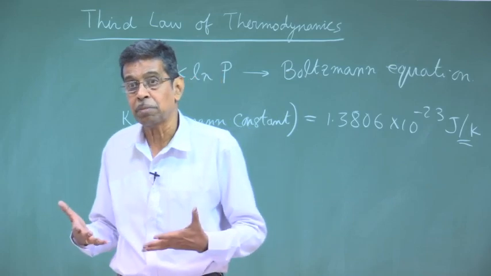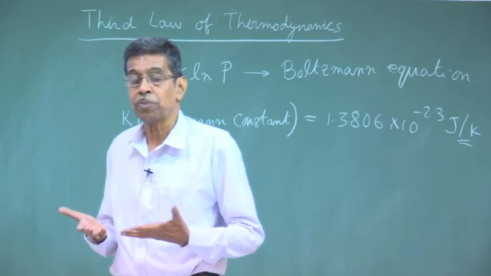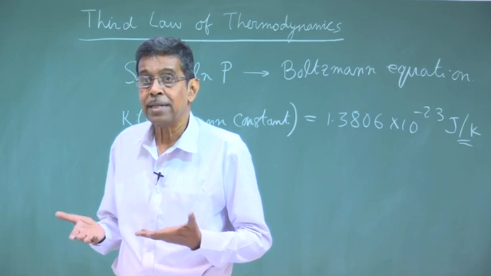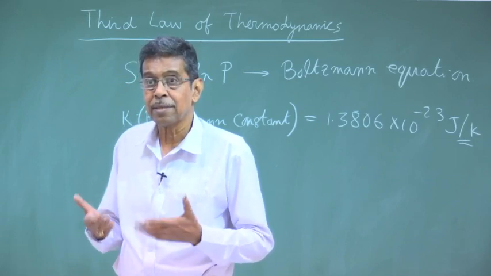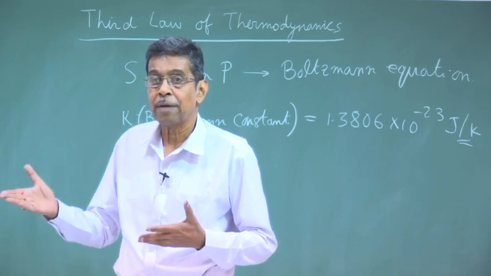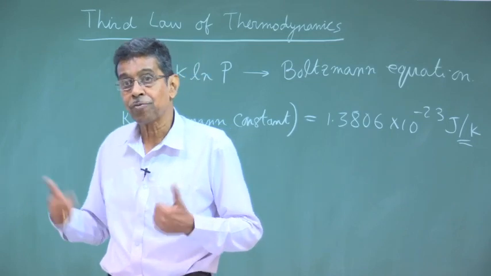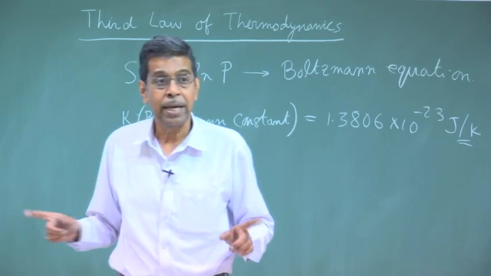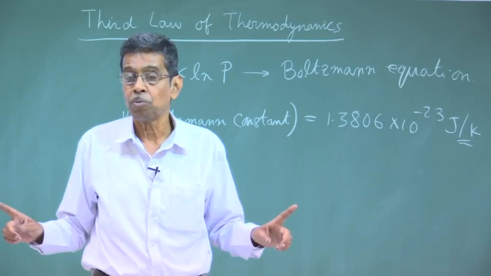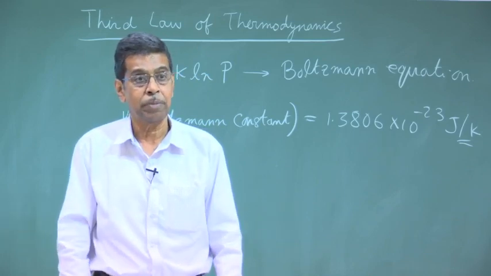One is the Nernst-Simon statement, which tells that the absolute entropy of a crystalline substance approaches 0 when the absolute temperature approaches 0, and absolute 0 cannot be attained in any finite series of processes, which is the unattainability statement.